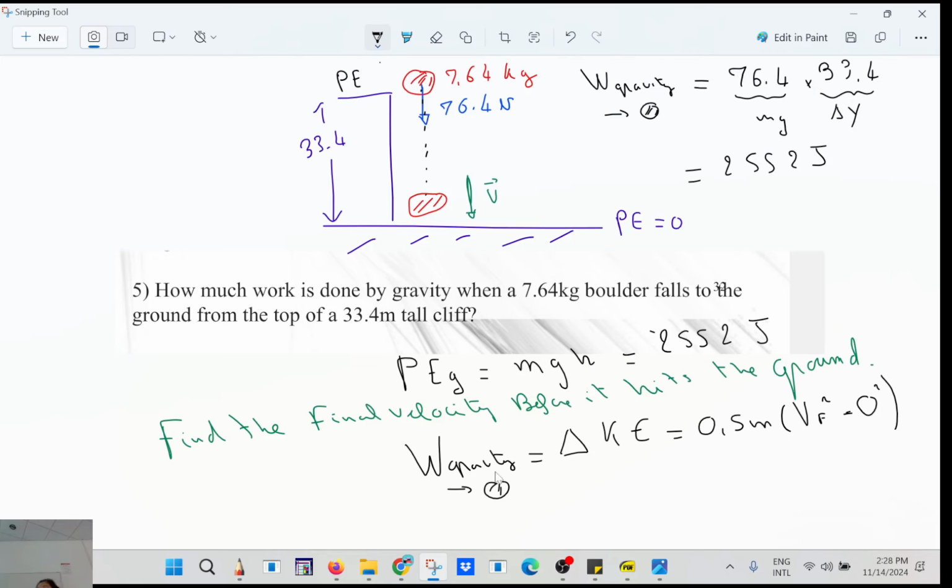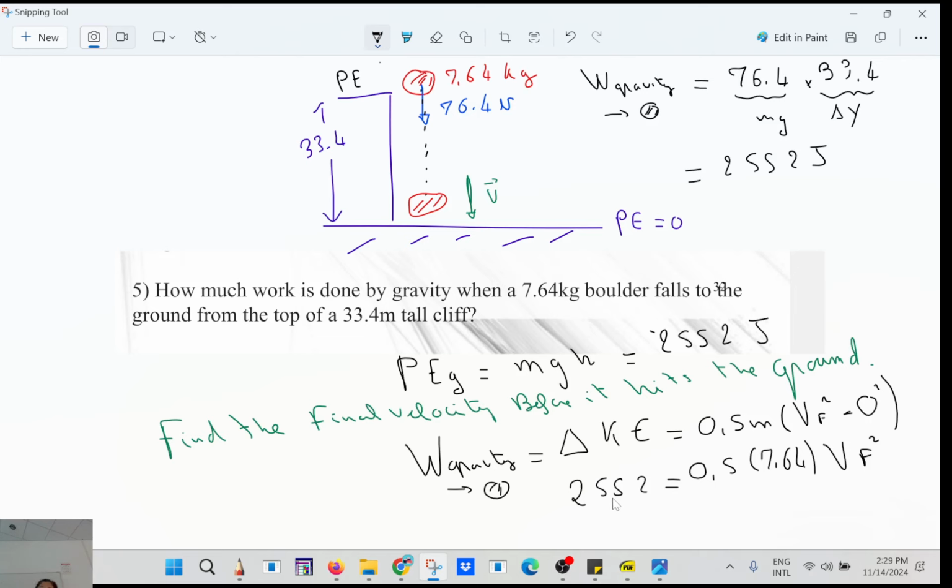So I can use the work-kinetic energy theorem. We have 2552 equals 0.5 times the mass, 7.64, times the final speed squared.